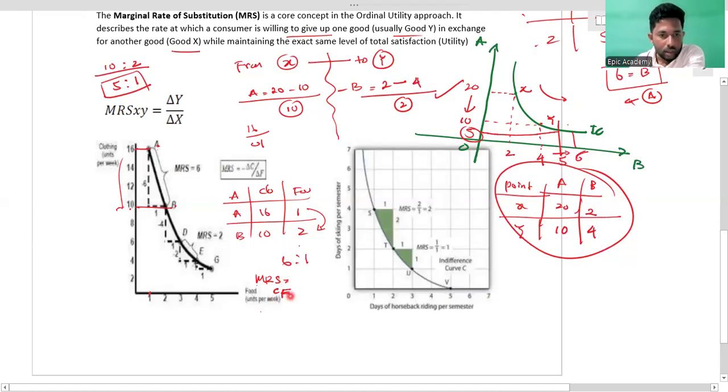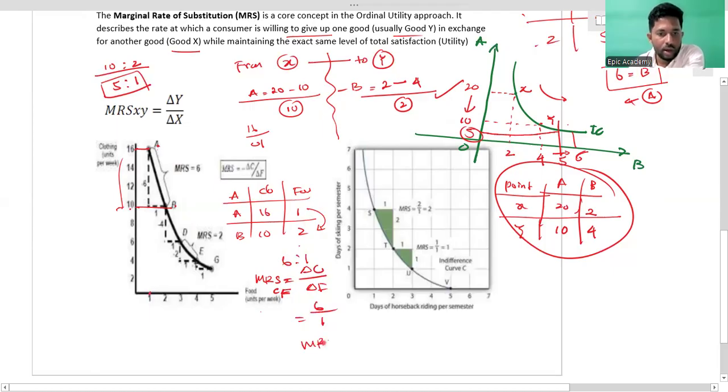MRSCF means the marginal rate of substitution of clothing for food. That is delta C, the difference of clothing, over delta F, the difference of food. The difference of clothing is 6, the difference of food is 1.